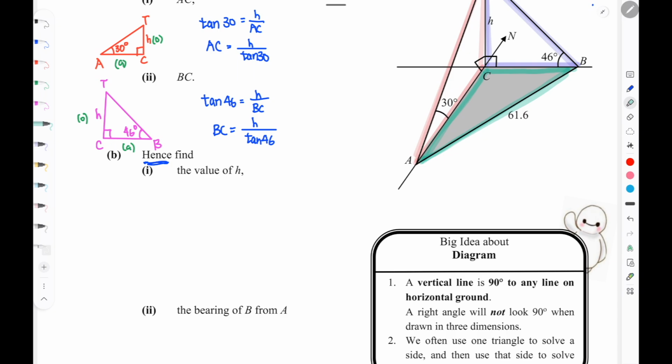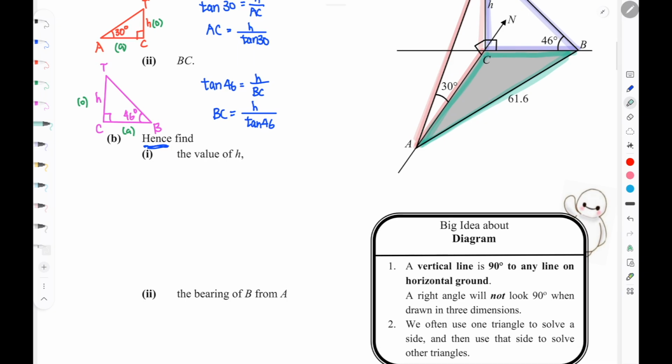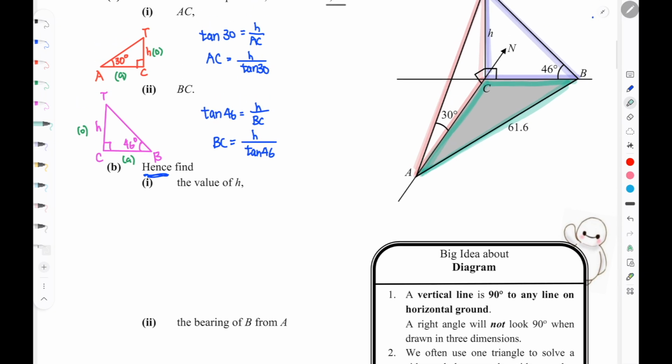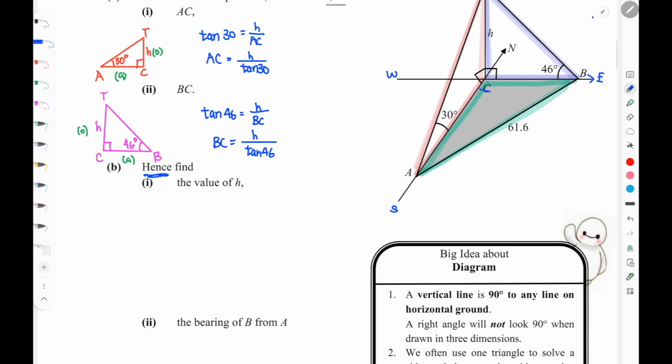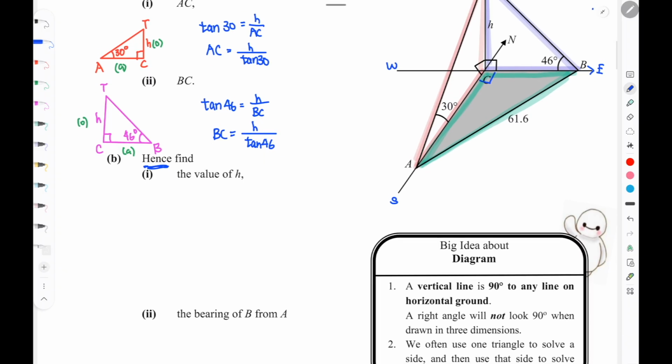Although it doesn't look like a right angle triangle, it is actually a right angle triangle because here is my east, this side is my west, here is my south. So the angle over here at C is a right angle.